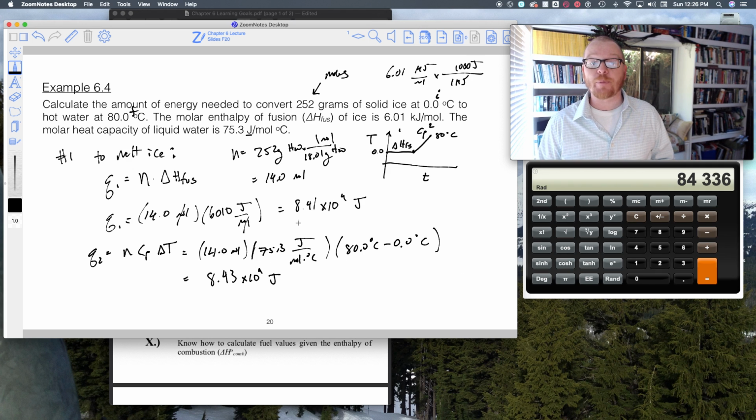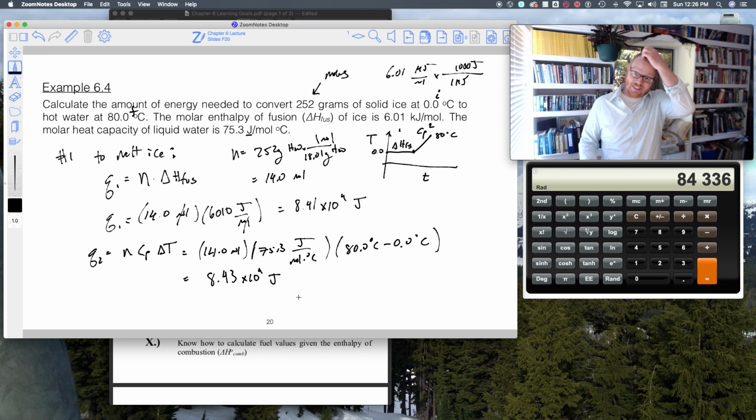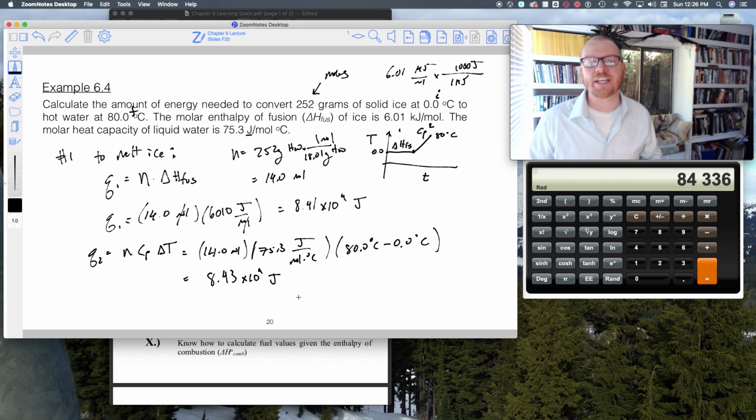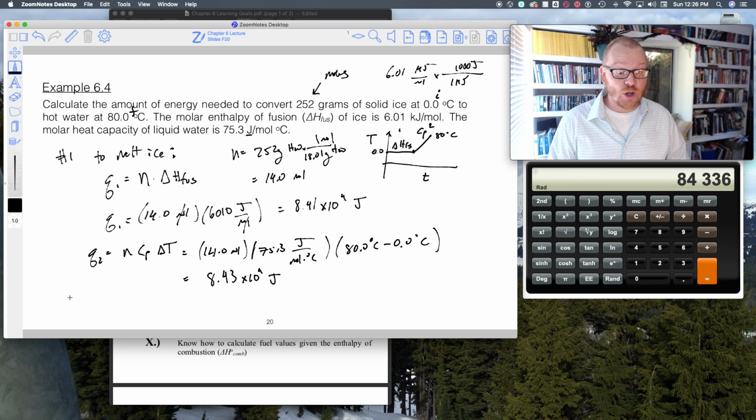This is amazing. Both of those numbers came out very similar. Let's think about what that means for a second. It takes just as much energy to melt the ice as it does to then heat it up as water by 80 degrees.